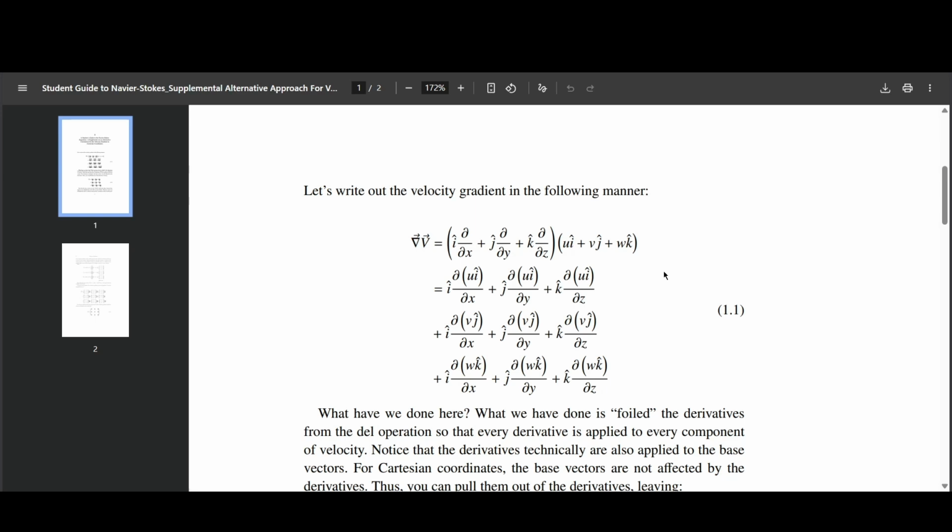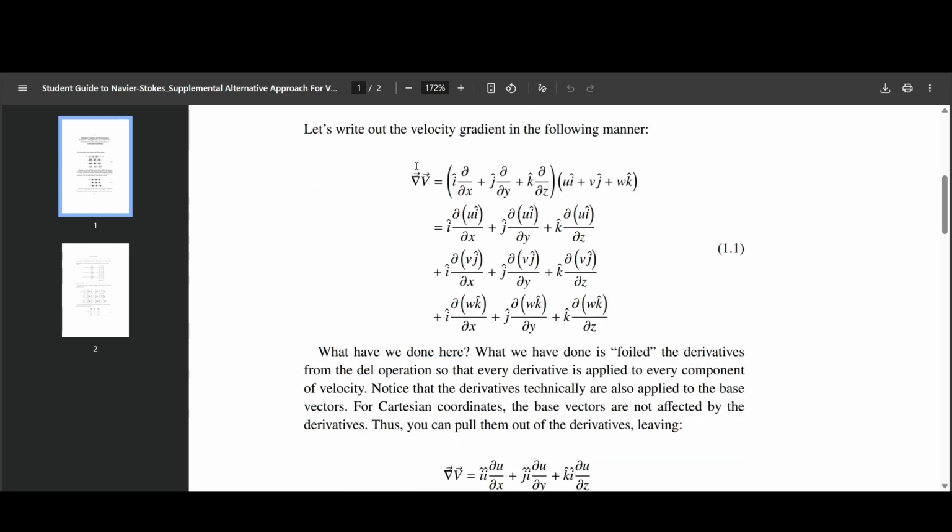Vectors are basically just little arrows; we can make that the analogy for vectors. So it says here, let's write out the velocity gradient in the following manner. But first, it helps to understand what all these signs mean, so we can have a good idea of what we're really going to do here.